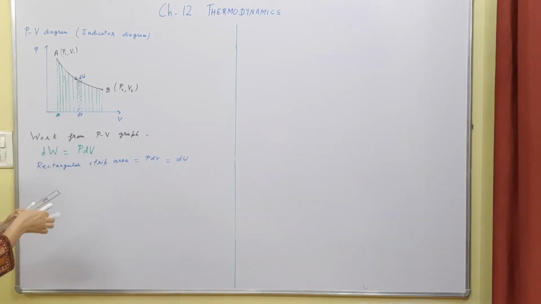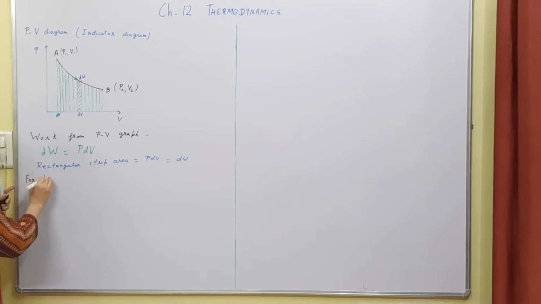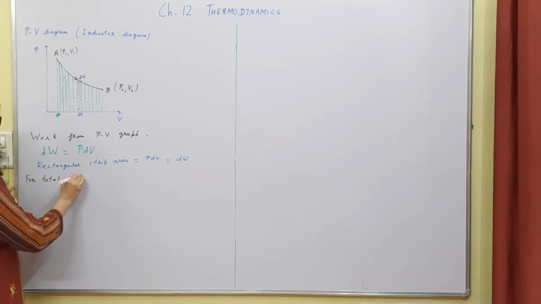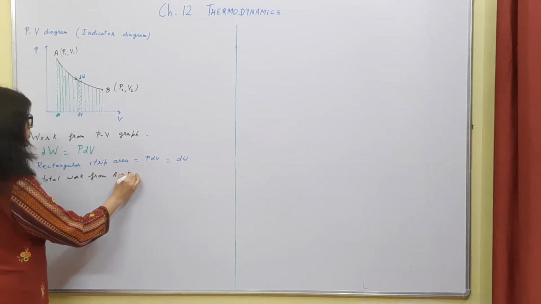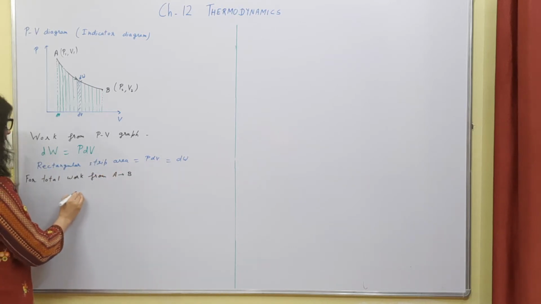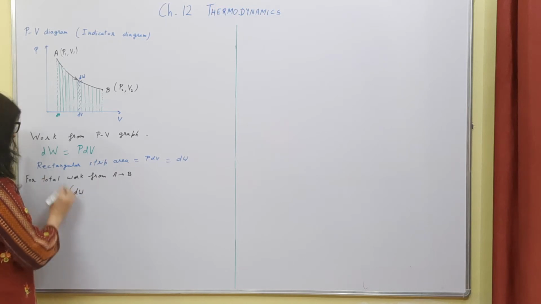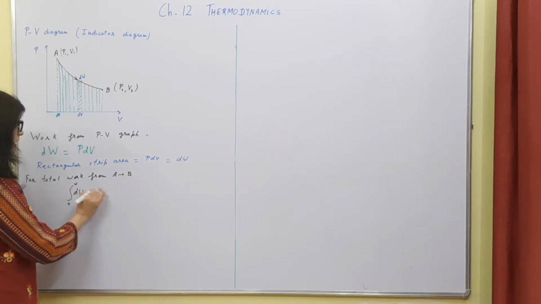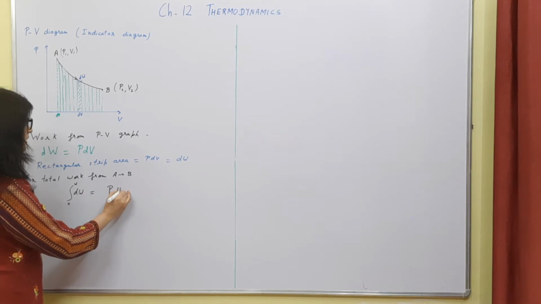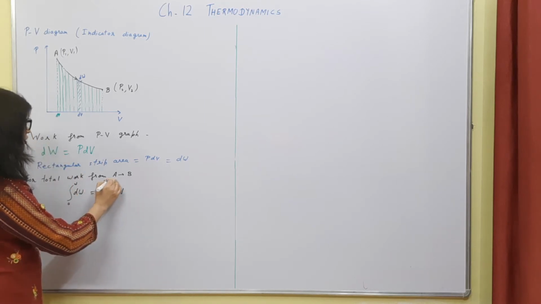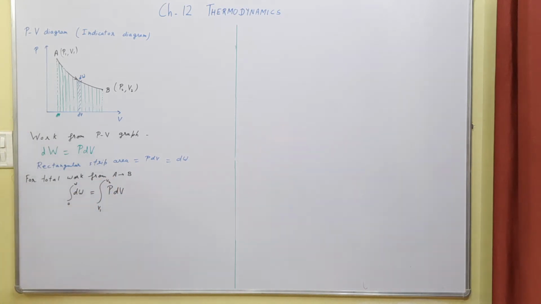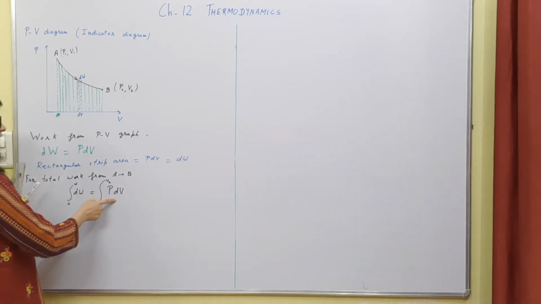Now if you have to find the total work from A to B, how will you find that? This is PdV, the small work, and we can integrate from the initial volume to the final volume. And this is actually the area.